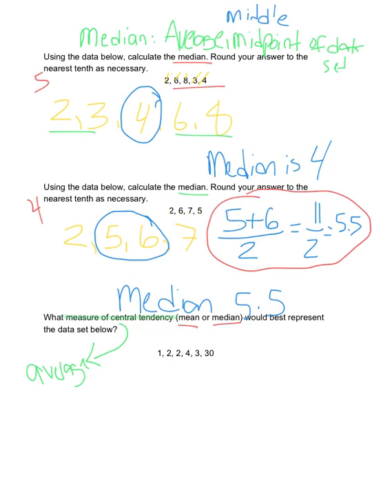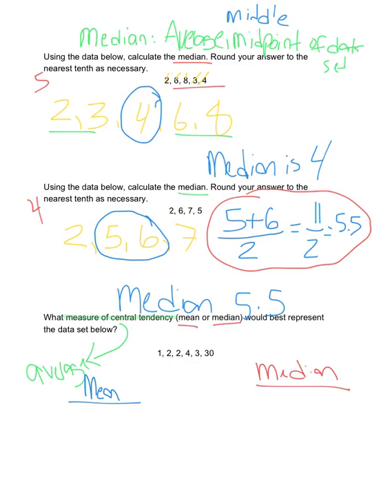So in order to do this, we'll find the mean and the median for this data set. I'm going to find the mean on the left side, and I'm going to find the median on the right side. And once again, different steps, and then once we get those numbers, we'll talk about which one would best represent the data set.